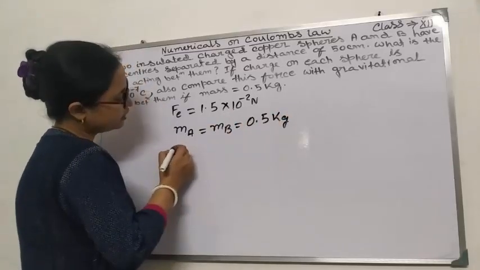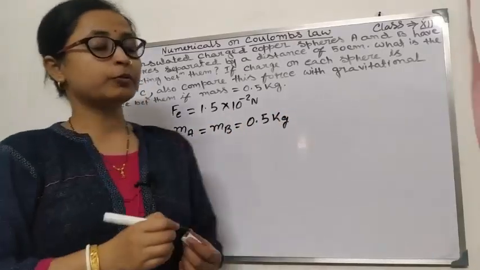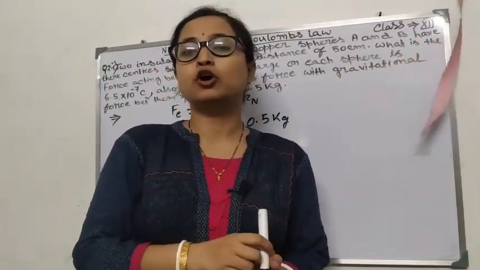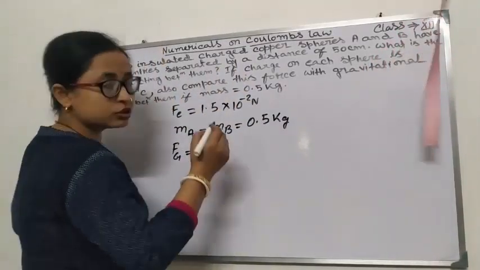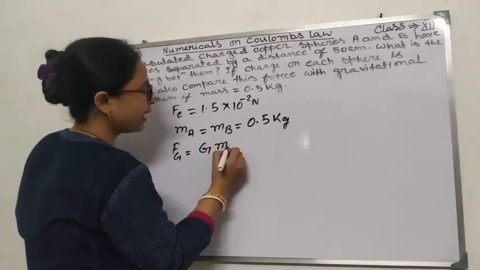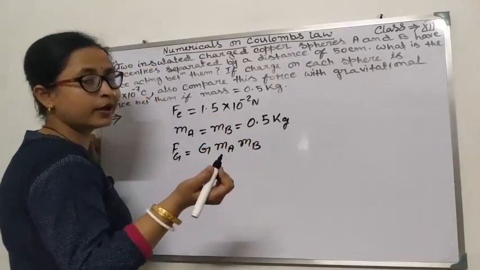Now let us find the gravitational force acting between these two spheres. You already learned in class 9 as well as 11, from the universal law of gravitation, what is the formula for gravitational force? The formula is G into Ma into Mb. There you have written M1, M2 maybe.